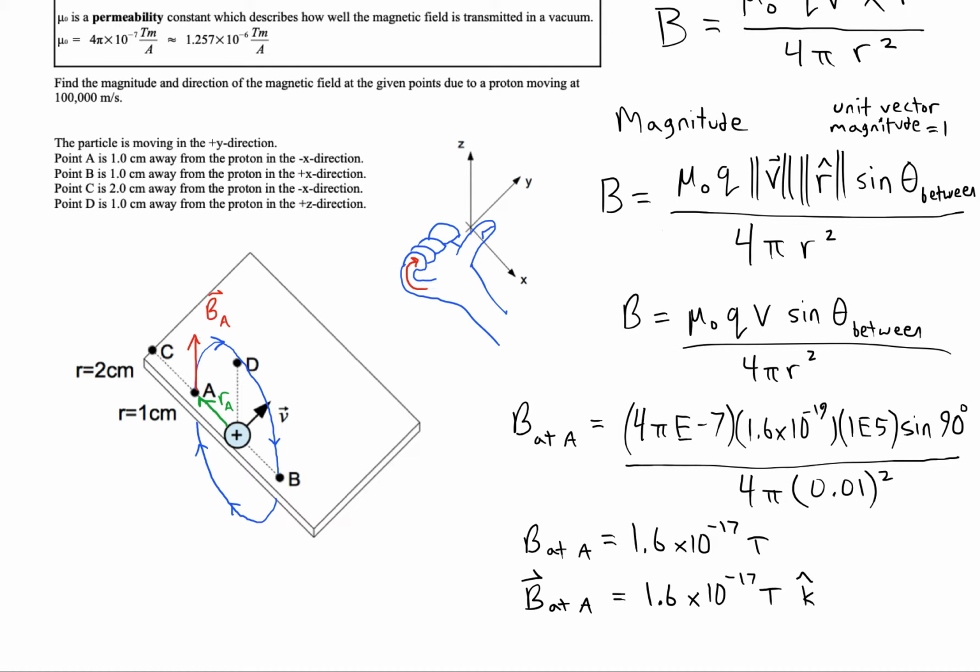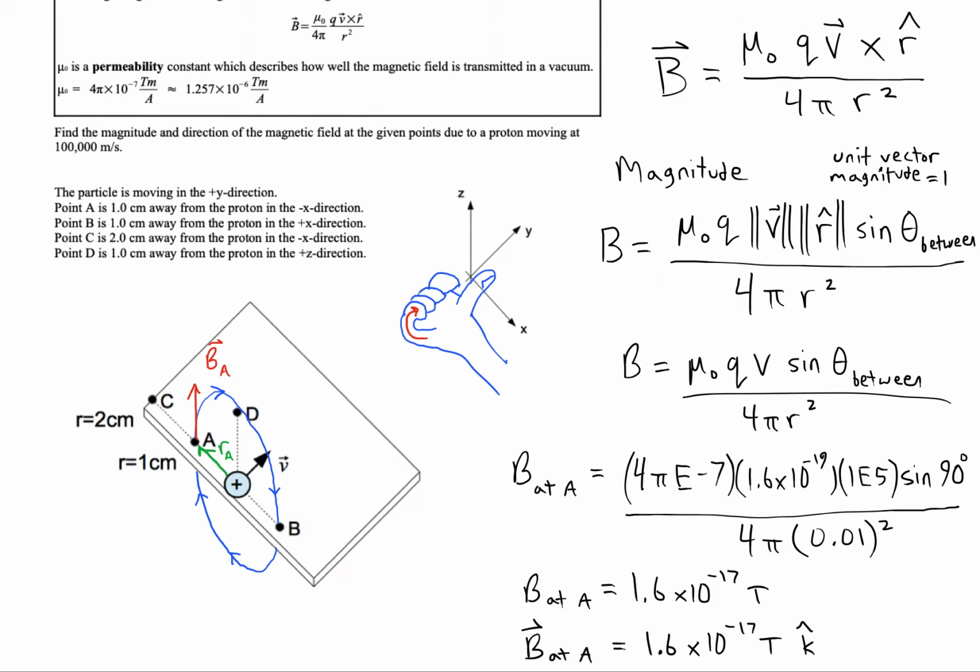All right, now what if we want to use the full right-hand rule for cross product to determine the direction? Then how would we do that? It's just a little bit different way of finding the direction than this corkscrew rule here. What it says is you want to take your velocity and then cross that with r hat.